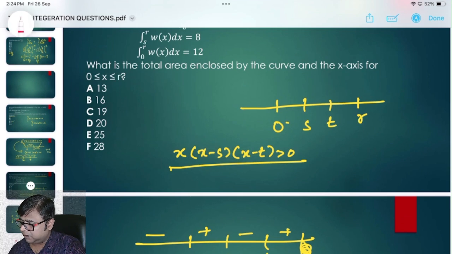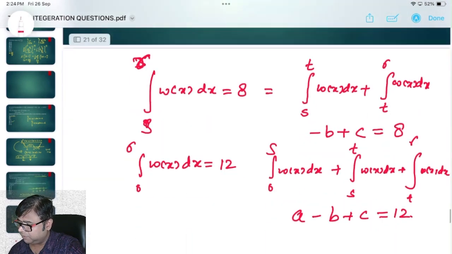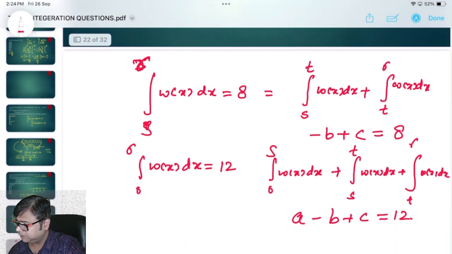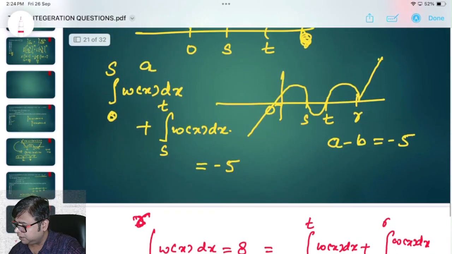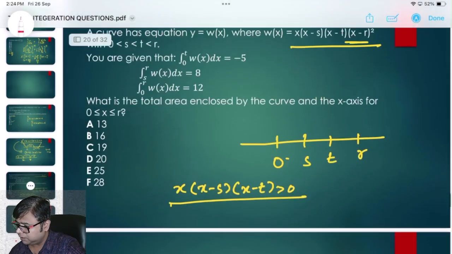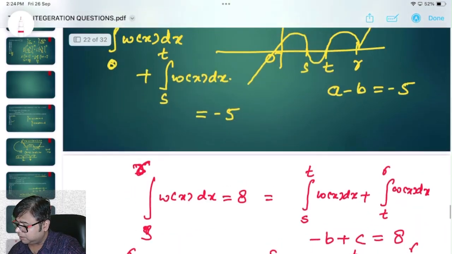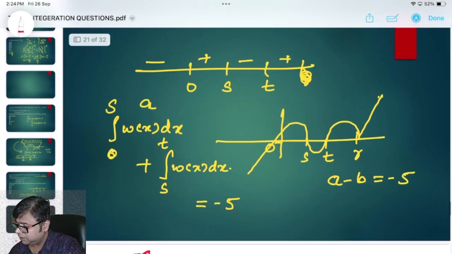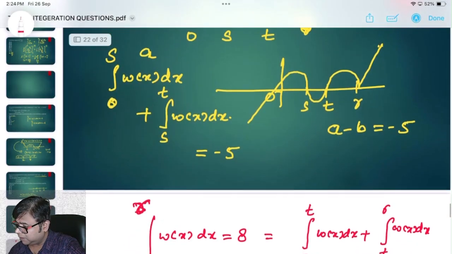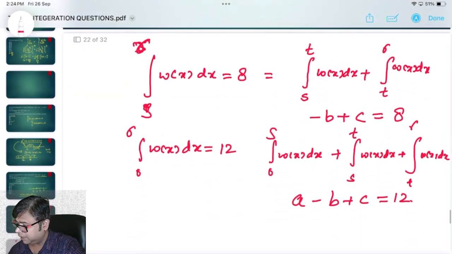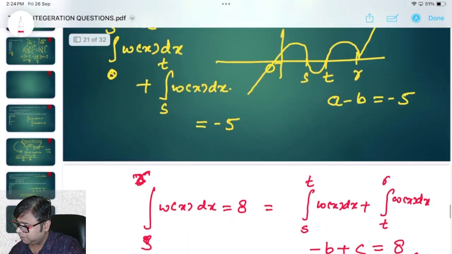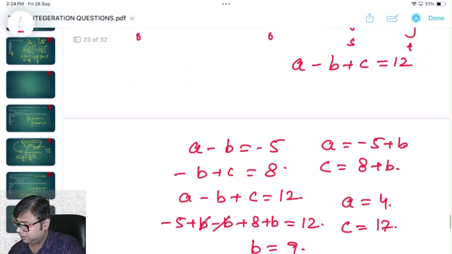Let me confirm. A minus B is minus 5. Minus B plus C is 8, yes, and A minus B plus C is 12.